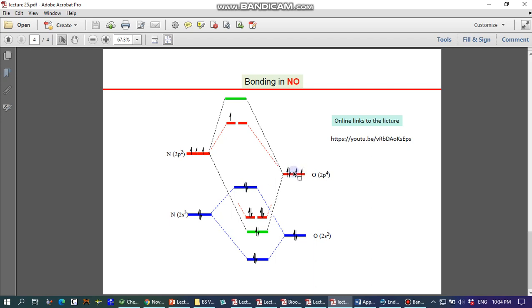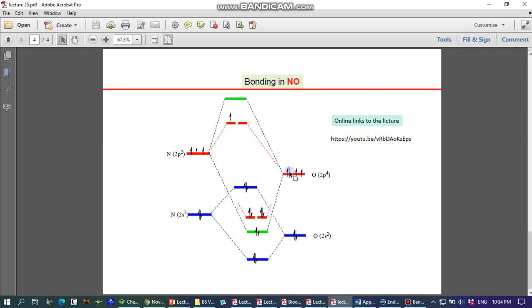Similarly, the 4 electrons of oxygen and 3 electrons of nitrogen in the p orbitals have to be placed in their respective molecular orbitals. The p orbitals can make 3 bonds: one sigma bond and two pi bonds. Similarly, on the other side, the same number of orbitals, called anti-bonding molecular orbitals, are afforded. Two of them are pi star and one is sigma star.